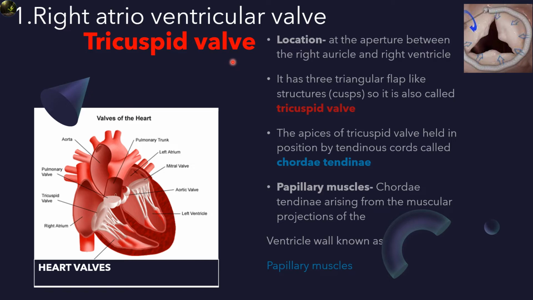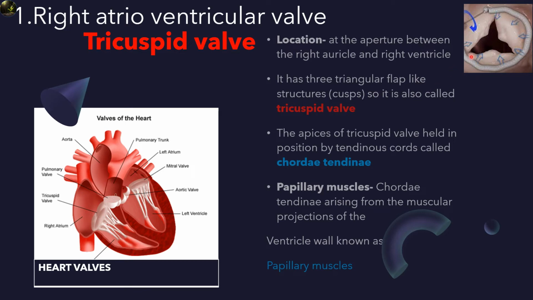Then, what is the structure of this tricuspid valve? It has three triangular flaps. You can see in this diagram three triangular flap-like structures, or cusps. That's why it is called the tricuspid valve.